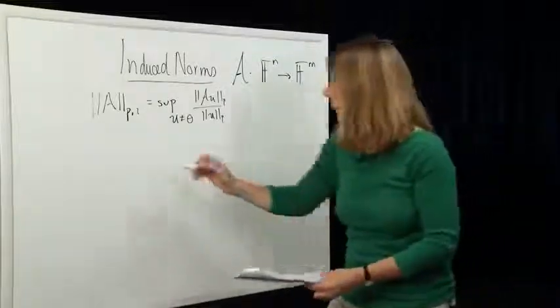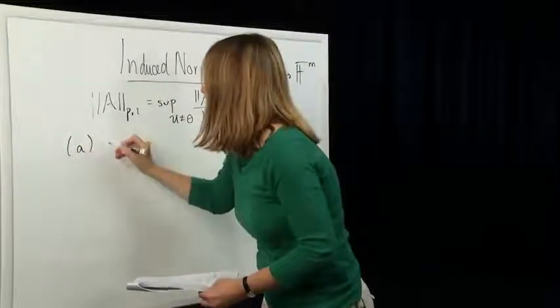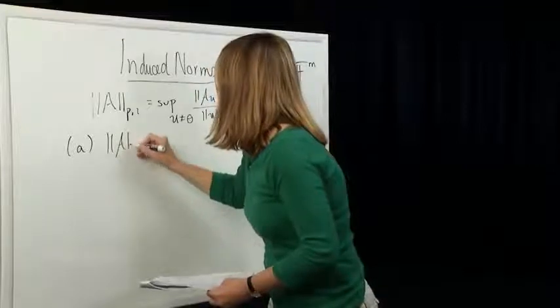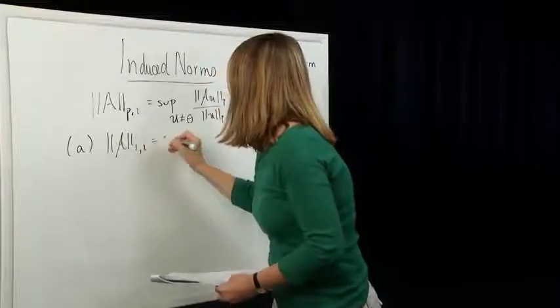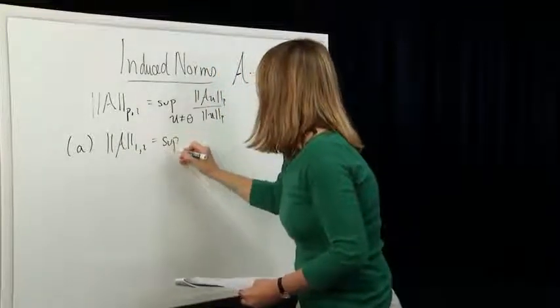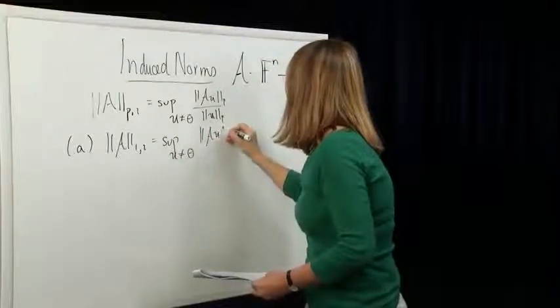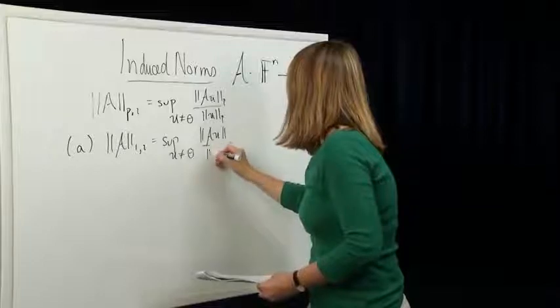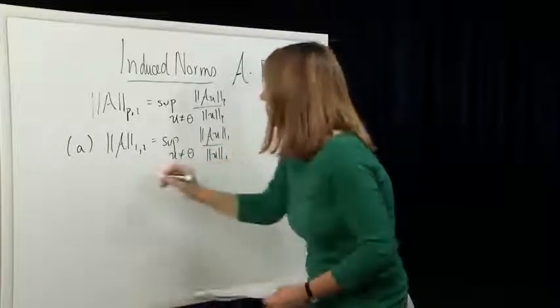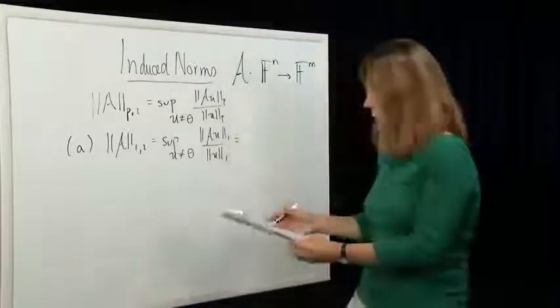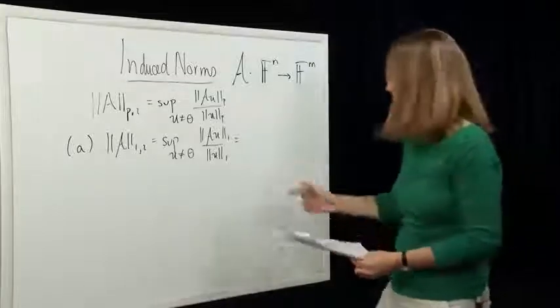So if we look at, for example, the induced one norm, it is the supremum over all U not equal to 0 of the one norm of AU over the one norm of U. And we can show that that's equal to the following.